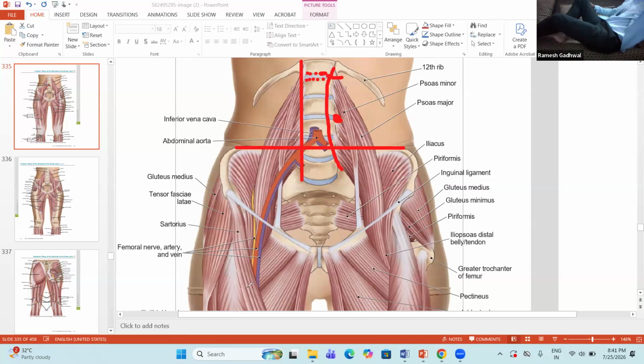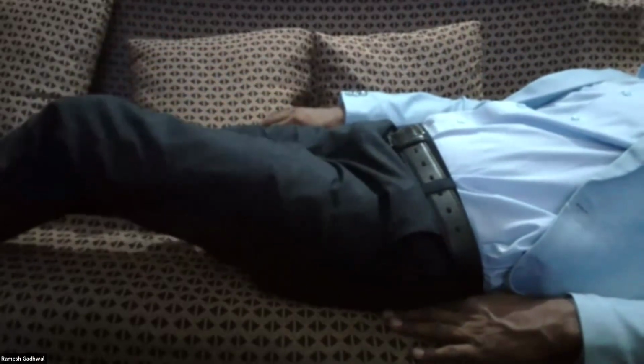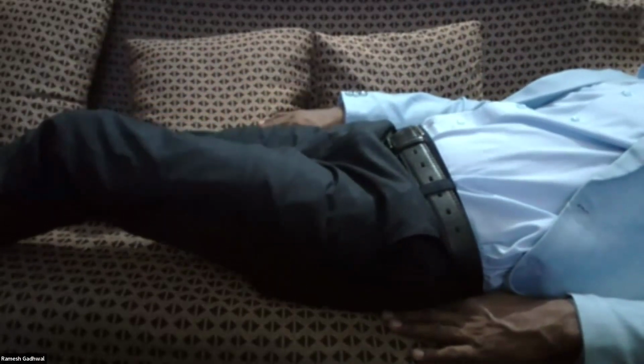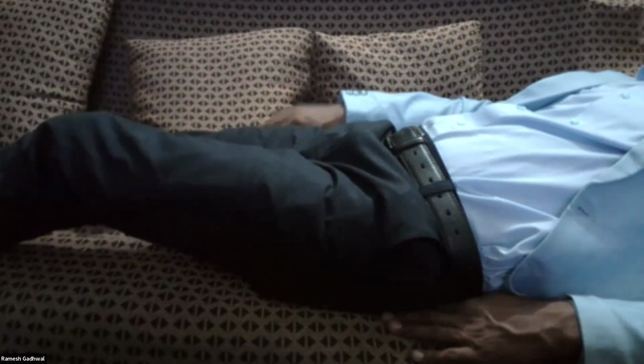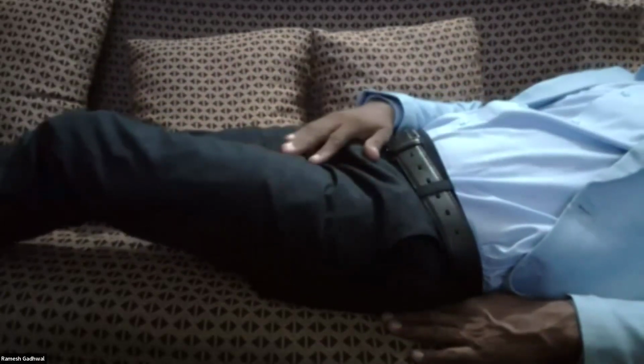in my bed, if my iliopsoas is tight, then my leg condition is this. It is not fully straight. Okay.